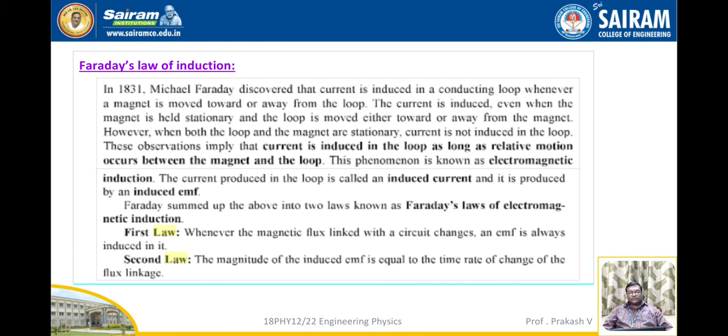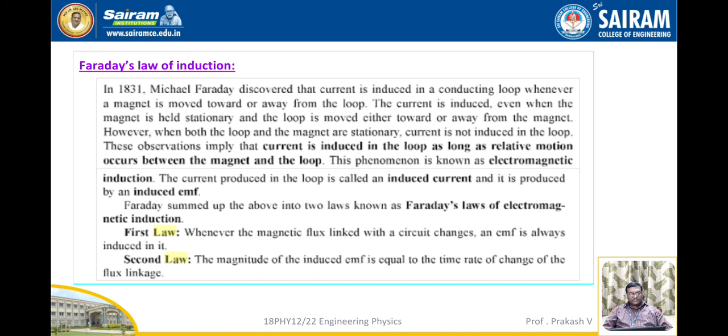The current produced in the loop is called induced current and it is produced by an induced EMF. So Faraday summed up the above into two laws known as Faraday's laws of electromagnetic induction. The first law states whenever the magnetic flux linked with a circuit changes, an EMF is always induced in it.